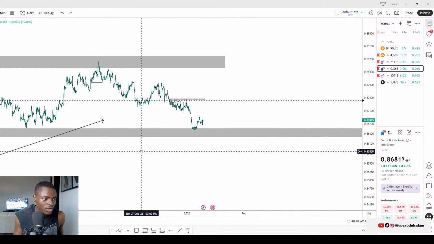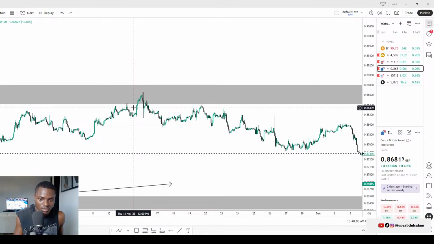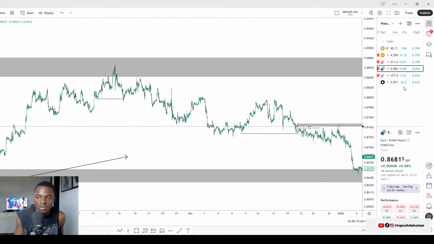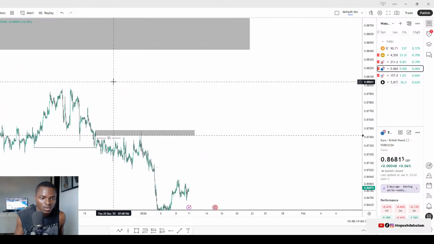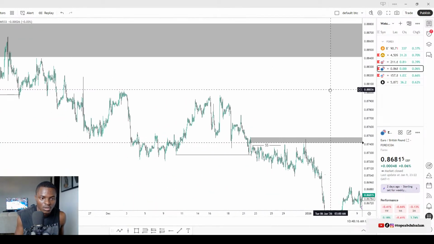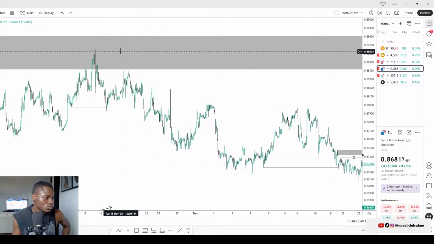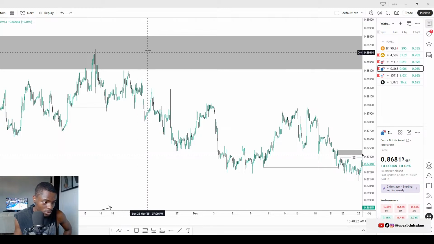On the 1 hour time frame, price got to this area, which is the daily resistance or daily order block, right?